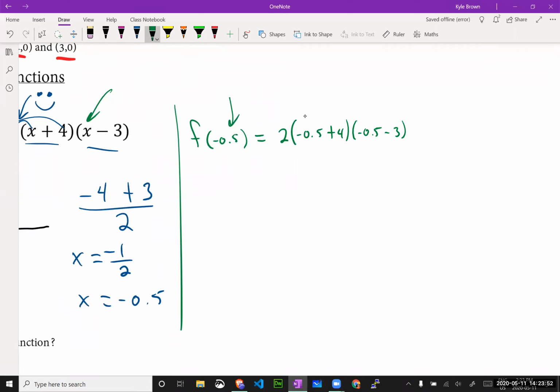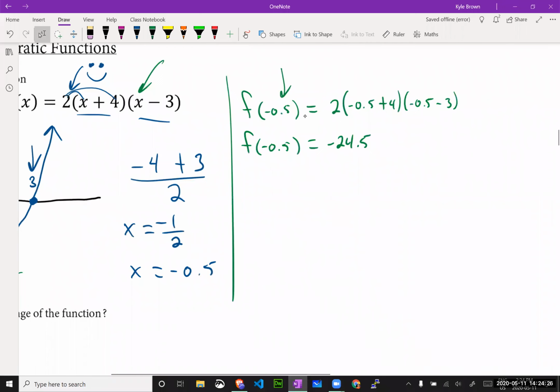All right, what do we get there? Okay, so you put it all in. We end up getting f of negative 0.5 is equal to negative 24.5, right? So that's my y value, okay? So there, we figured that out.